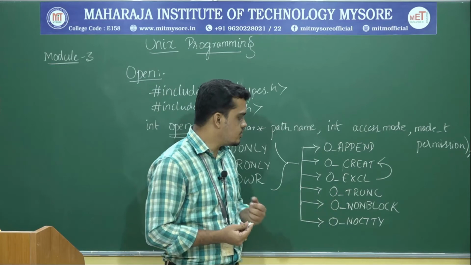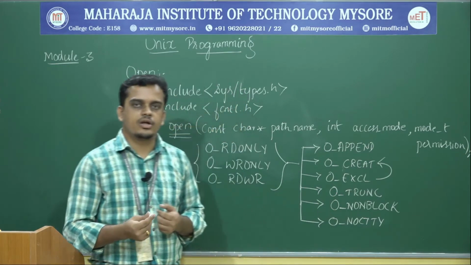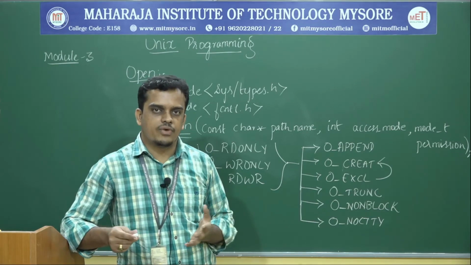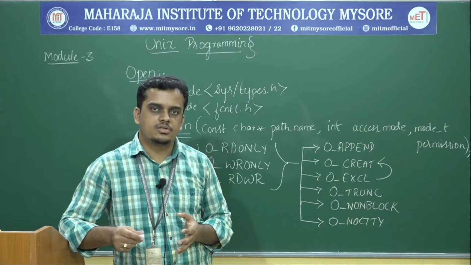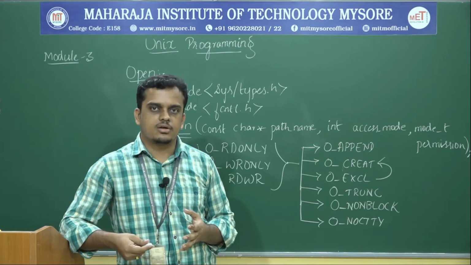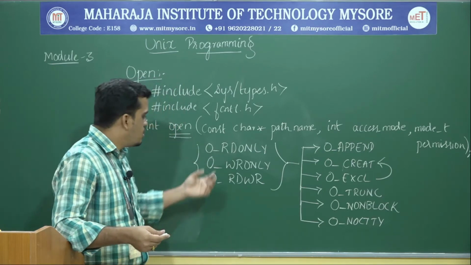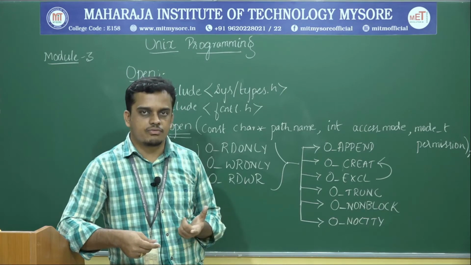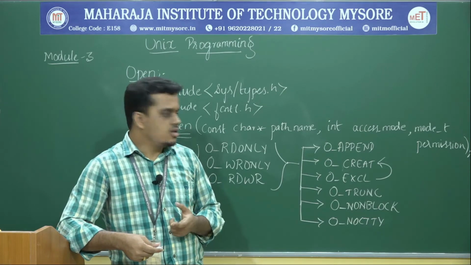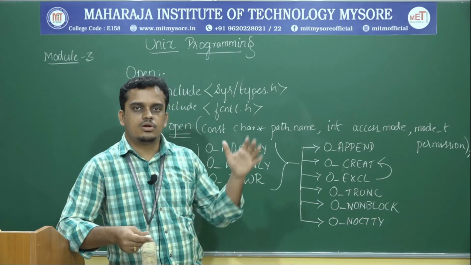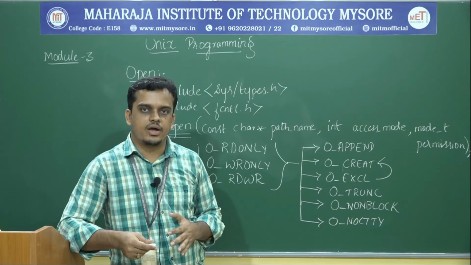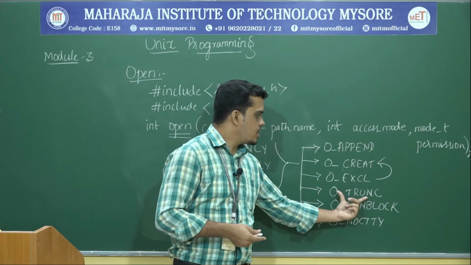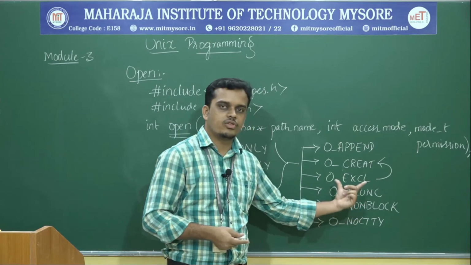And coming to the next one, O_TRUNC. See, if you have a particular file with some finite bytes of information, and you are trying to access the file with a write operation, writing some more information to the existing file, and your objective is to delete all the existing information in the file, you can make use of the modifier flag called O_TRUNC.